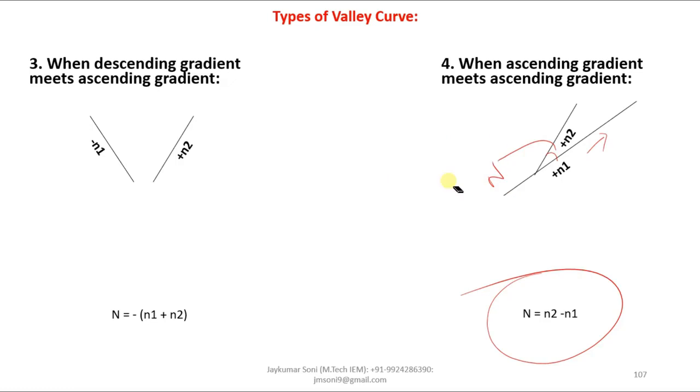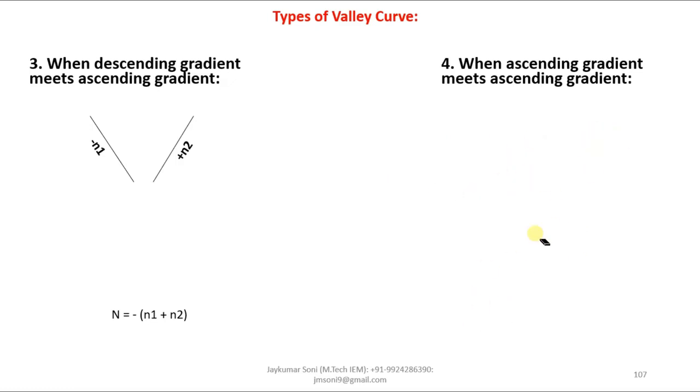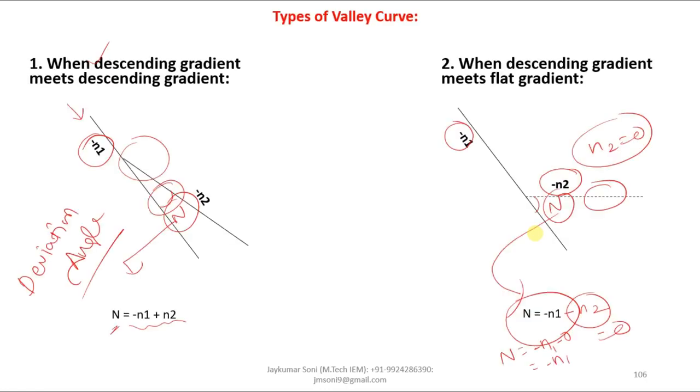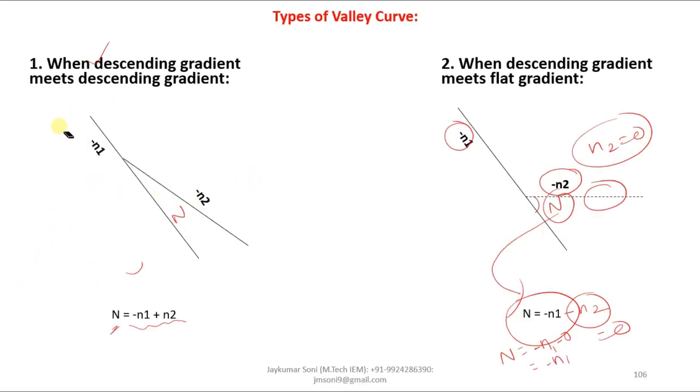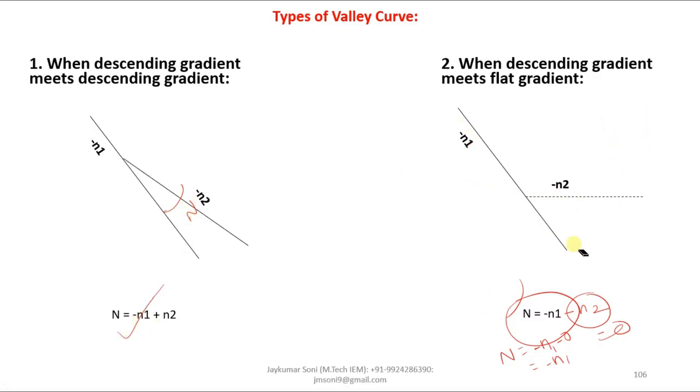All the categories are related with ascending and descending gradient criteria. The first category that we have learned is descending gradient meets descending gradient, in which the equation for deviation angle, which is this n, will be minus n1 plus n2. When the descending gradient meets flat gradient, in such case the value of n2 will be 0.